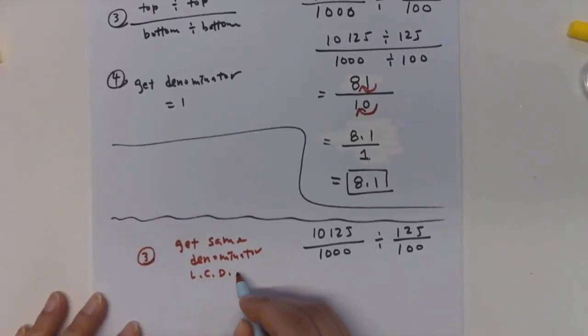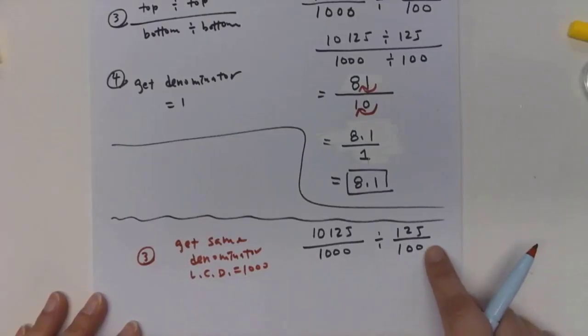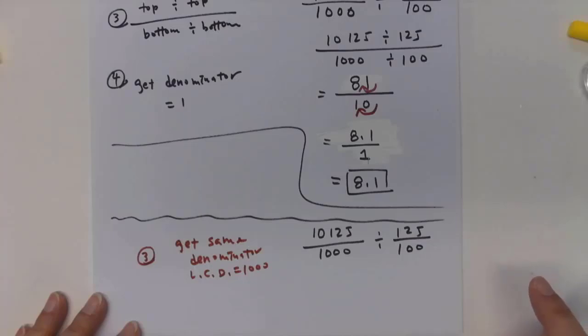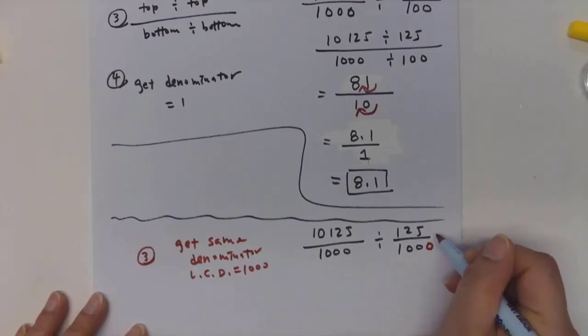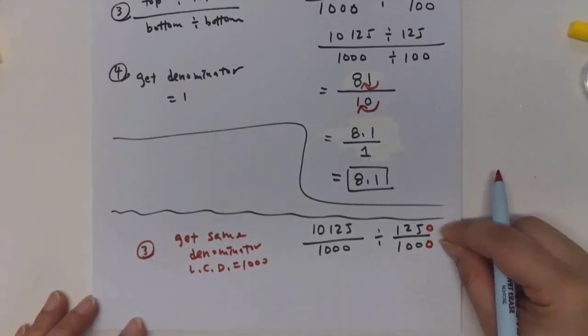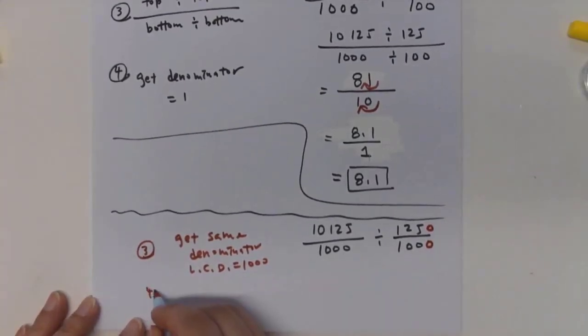LCD is 1000. At this point, you can multiply the second fraction, both top and bottom, by 10, or you can just add a 0 at the end, which is also acceptable. If you use a different color, I can see that. And when you get to this point, you can divide top by top, bottom by bottom.